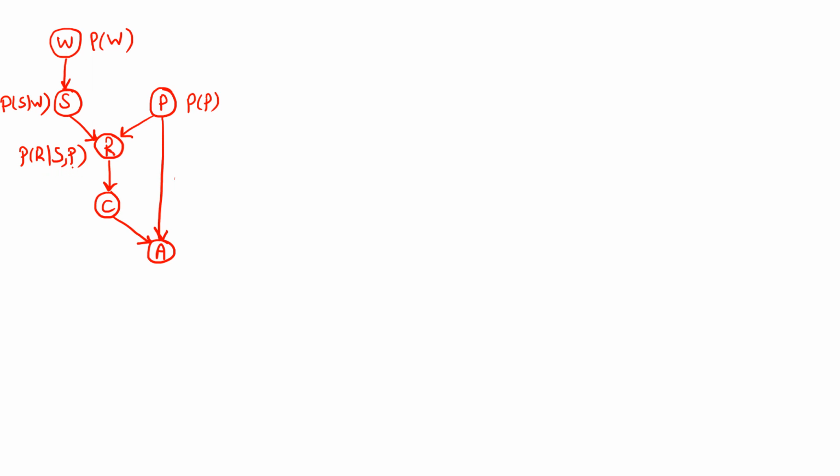It doesn't seem to be clear. Let me say it again. The conditional probability table will be the probability of the variable, which is R, given its parents. What are the parents of R? That's it, S and P. Why is that confusing?